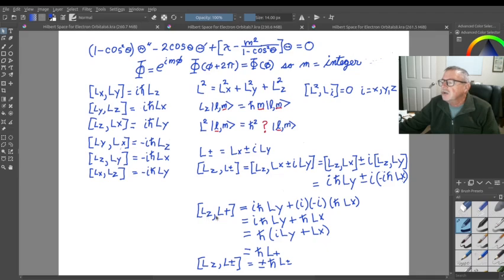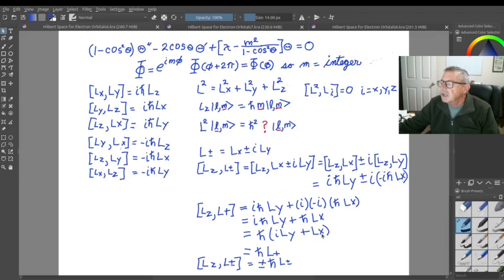LZ commutes with L plus as we just showed up here. And let's see if we can simplify this a little bit. Well, the I and the negative I multiply together to give us a plus 1, and the h bar can be pulled out of both of those, and we get an iLy plus Lx.